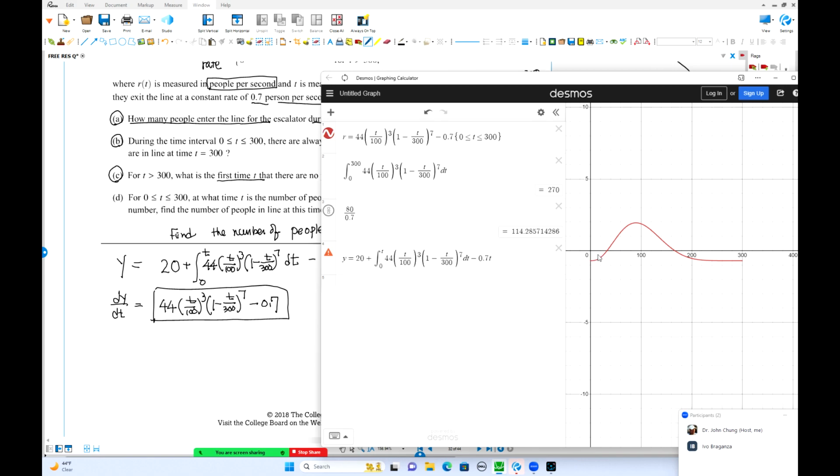This is decreasing, right? This is increasing, because this is the derivative. This is decreasing in the line of the escalator. Decreasing, this is increasing. So at this time is a minimum value over here. At time t equals 33, that is minimum.